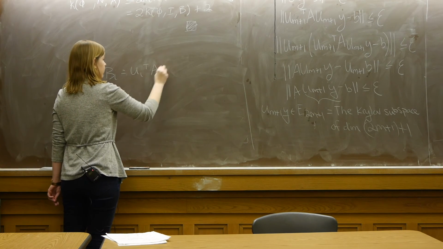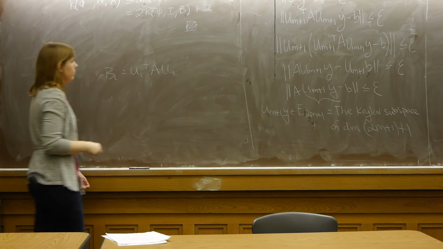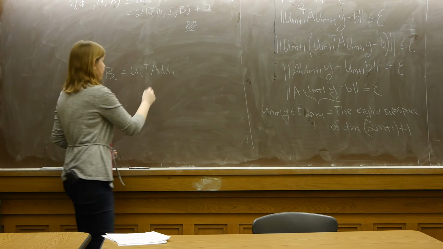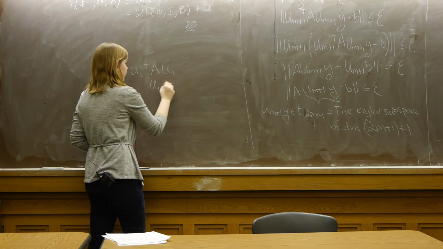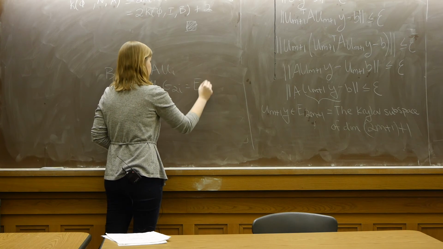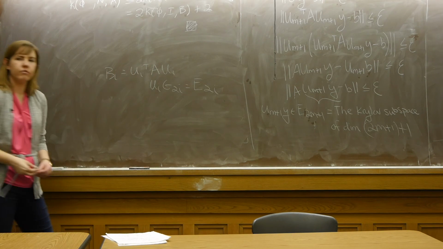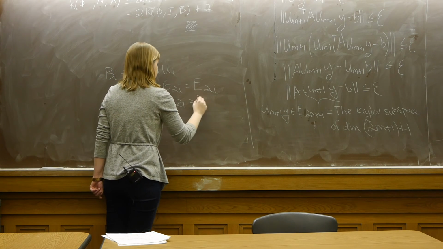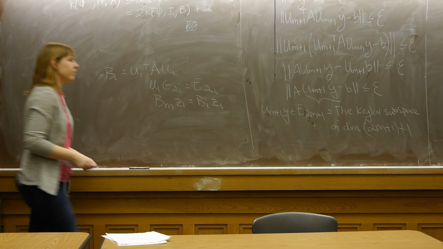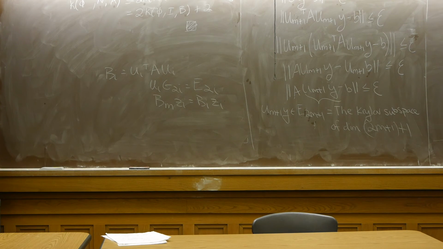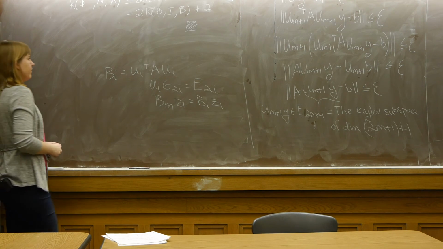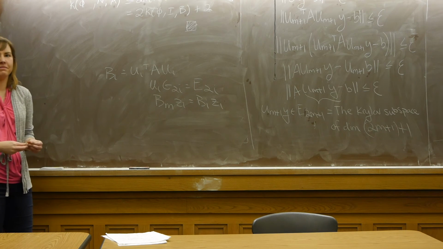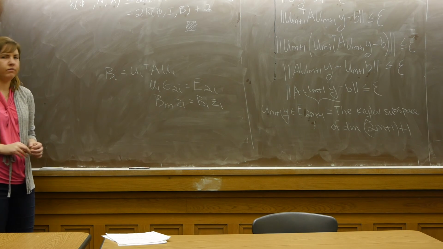And there were conditions that U had to satisfy along with G. So U sub i times G sub 2i equals, yeah, exactly. And then also B sub m times z sub i equals B_i z_i. I got a little confused about which things we are choosing, which things we are constructing, which things we know to be true because we're constructing it that way, and which of those properties follow. I get a little mixed up there.